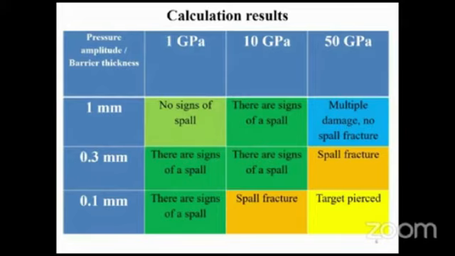The absence of spall in this situation is related to the geometry of the problem, namely the fact that the radius of the zone of influence is much less than the radius of the target. In the 2 cases considered, spall fracture occurs, and in one of the options the target is punched.